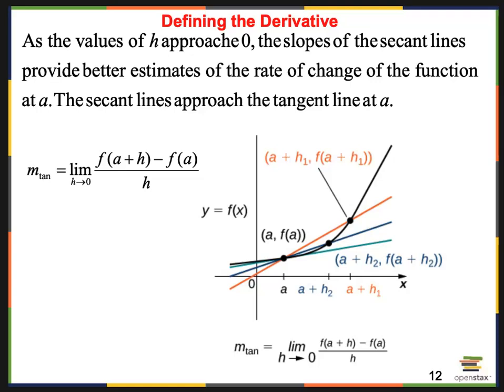Again, as it gets closer and closer to 0, the slopes of the secant lines are better estimates of the rate of change of the function at a. That secant line approaches the tangent line. It gets closer and closer. So as h gets closer to 0, we see that our secant line gets closer to our tangent line.